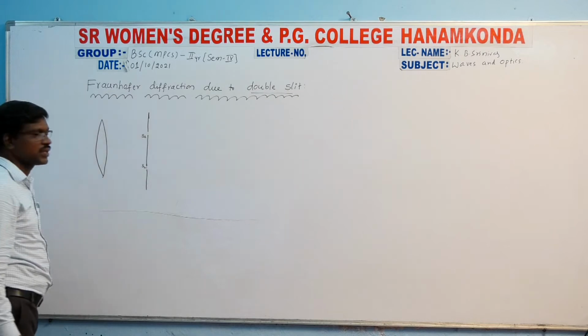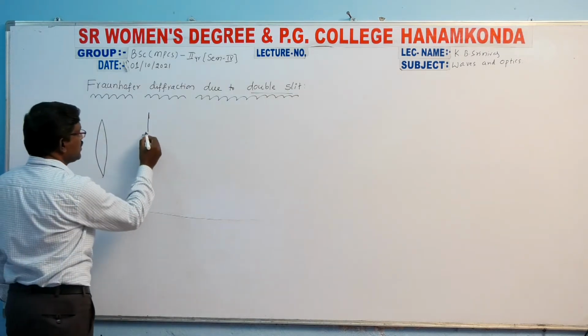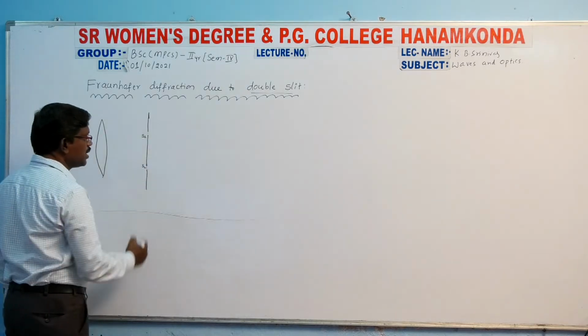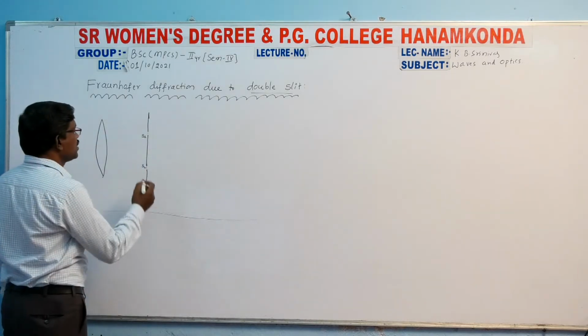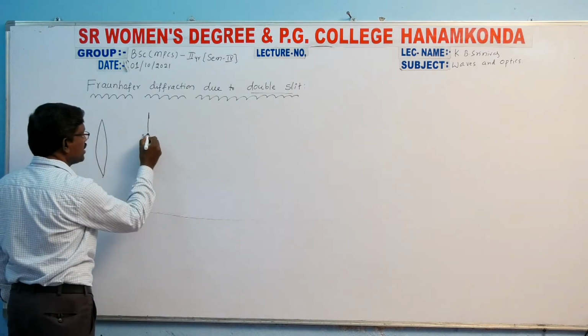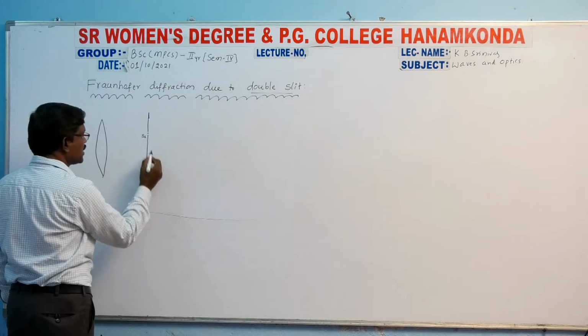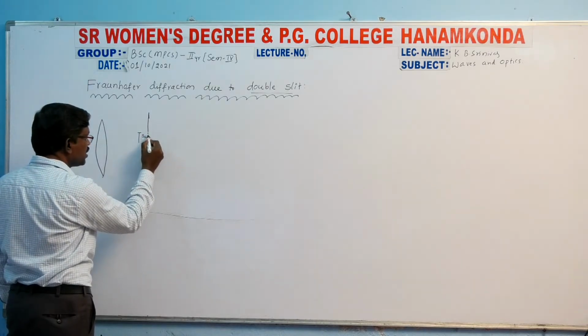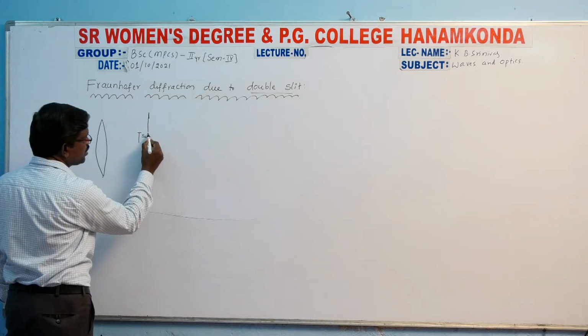Is that clear? Right. So the width of this slit is small e, the width of this slit is also small e. Therefore, the distance between the center of the first slit to the center of the second slit will be how much? This is e by 2. If it is small e, this will be small e by 2.